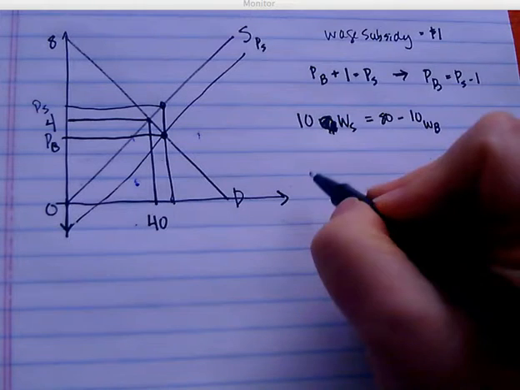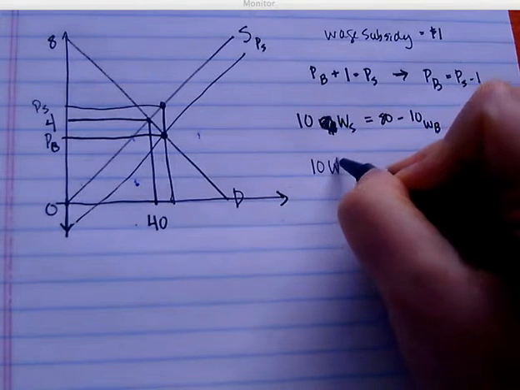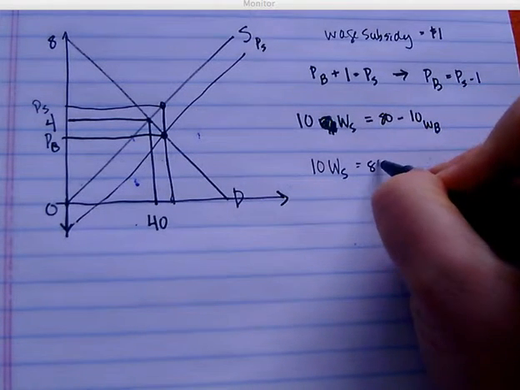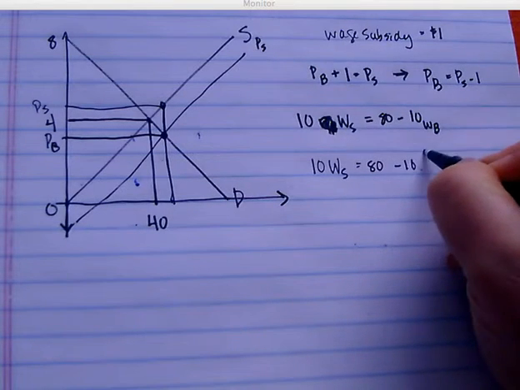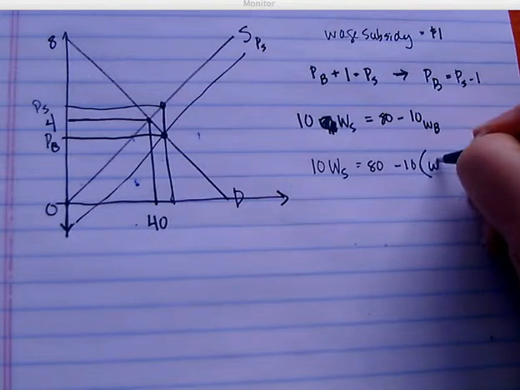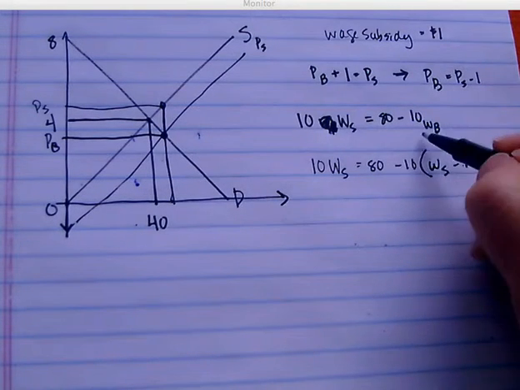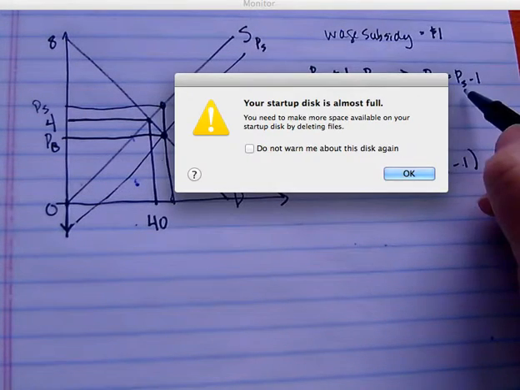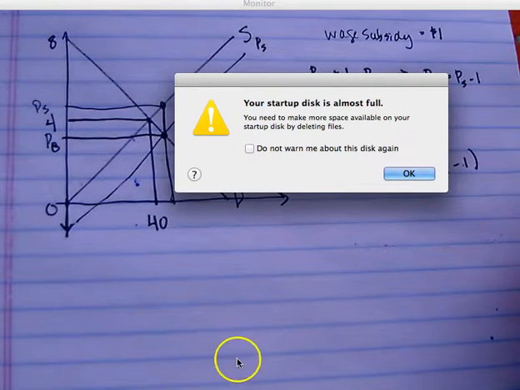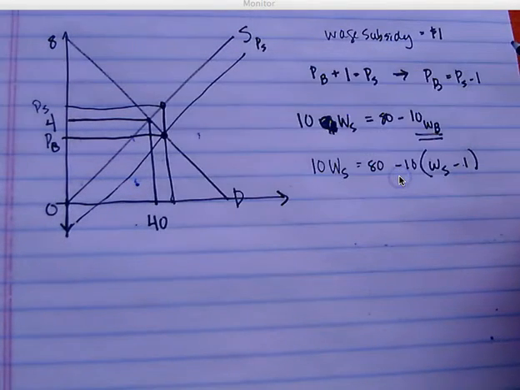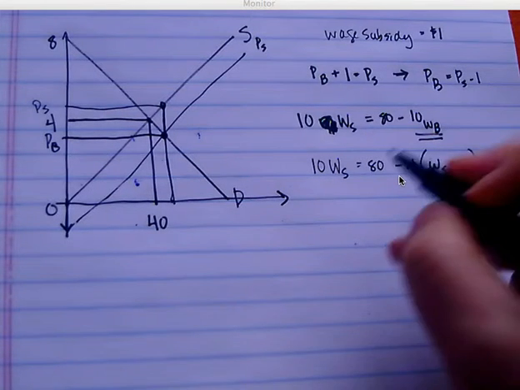And so we can put this all in terms of the wage to the seller. We get 10 WS equals 80 minus 10 times (WS minus 1), right? So I've just translated the wage to the buyer, recognizing that the wage to the buyer is less than the wage to the seller. So let's rewrite this.